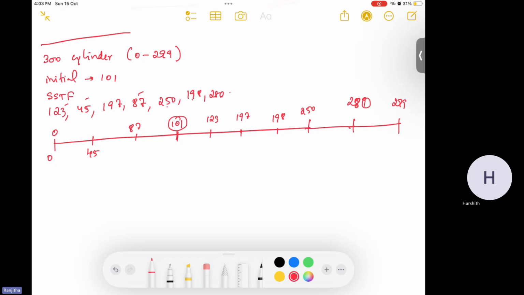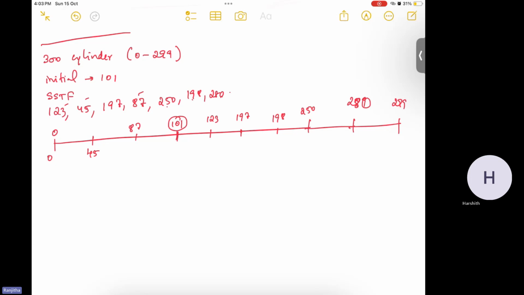So we have to see the distance from 101 to 87 and 123. Okay. So from 101 to 87, how much is the distance? It is 14, right?